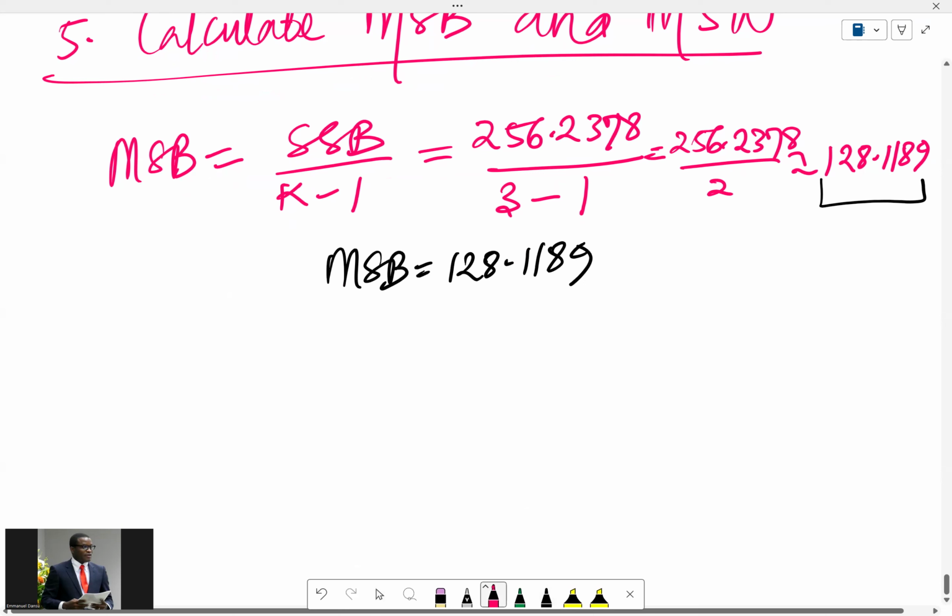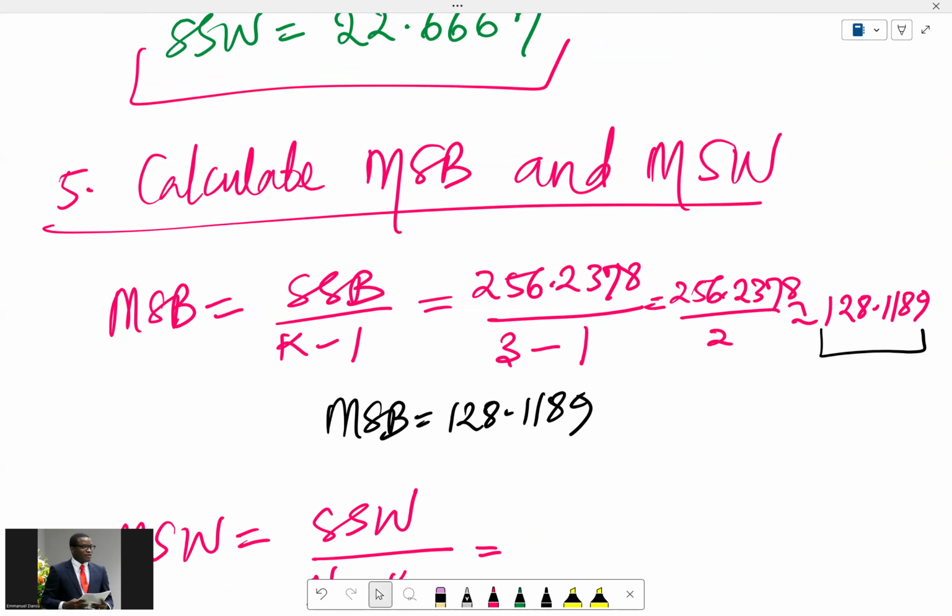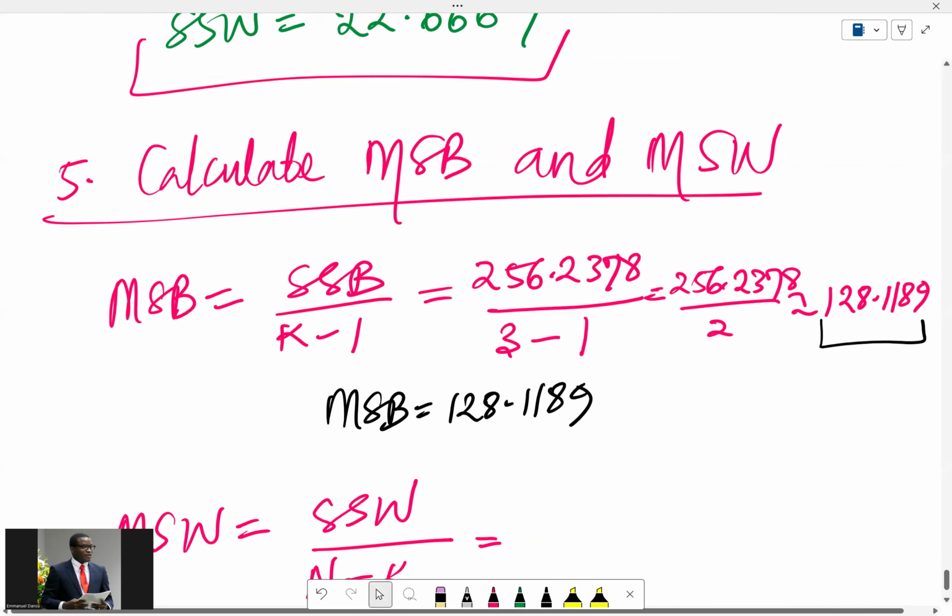Then the next thing is MSW. Again, the formula is MSW is equal to SSW divided by N minus K. Of course, N is the total number of data, everything together across groups. And we know SSW is what we computed now, that is 22.6667.